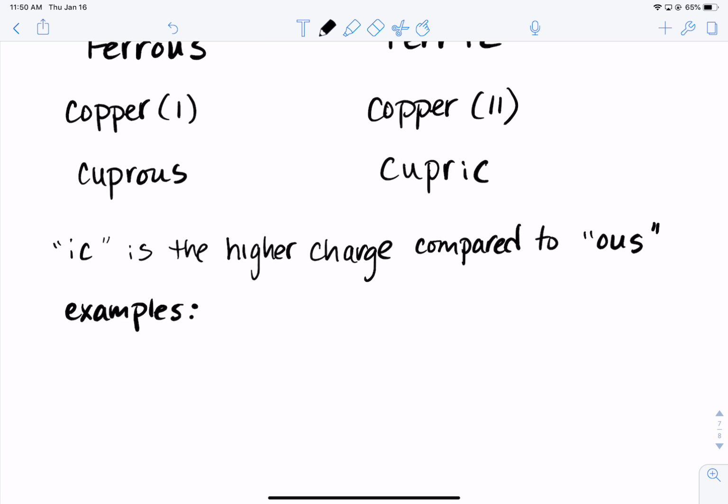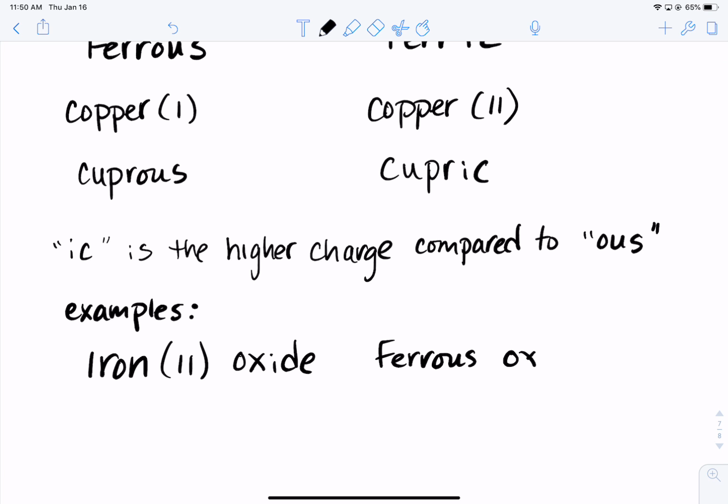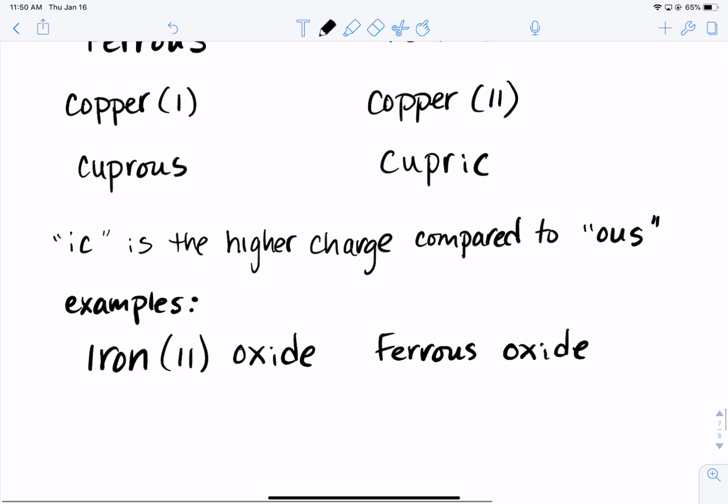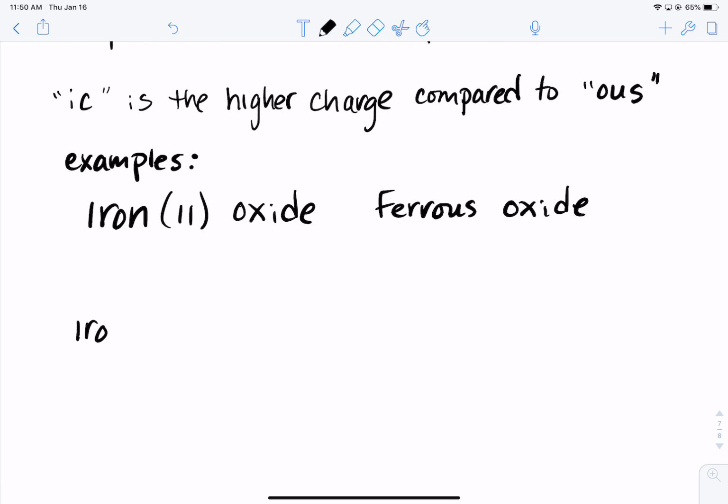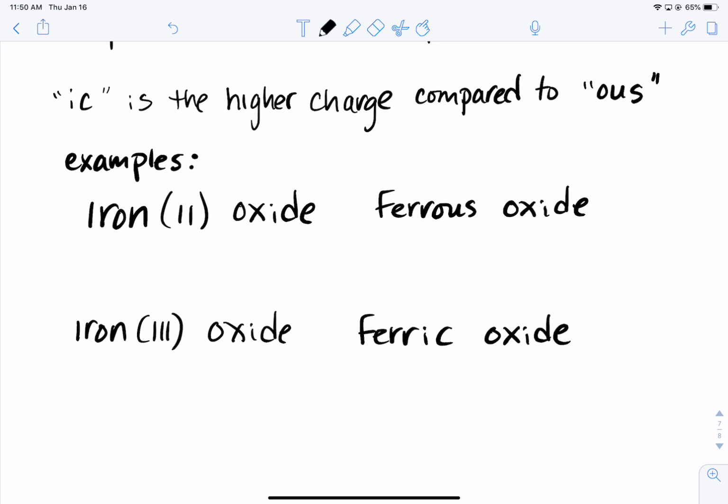So, real quick, examples. We could have iron 2 oxide, also known as ferrous oxide, or we could have iron 3 oxide, also known as ferric oxide. So what is the formula for these? What you have to do is, iron, what's the symbol?